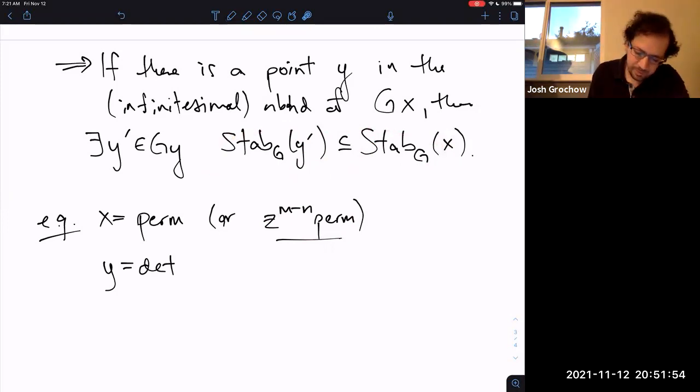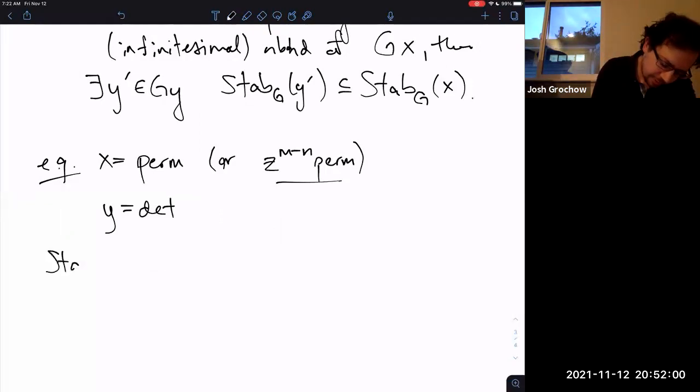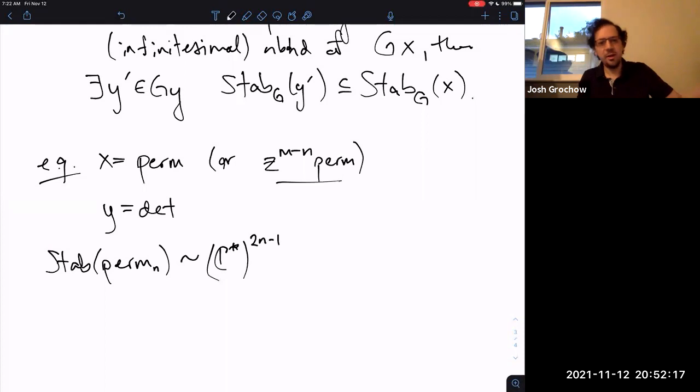Okay. Now, the permanent itself, if you do no padding, this is actually fine. So the stabilizer of the n by n permanent is essentially, you have a bunch of scalars, so 2n minus 1. You can multiply the rows by whatever you want and the columns by whatever you want, as long as the product of all those things that you multiply by is 1.